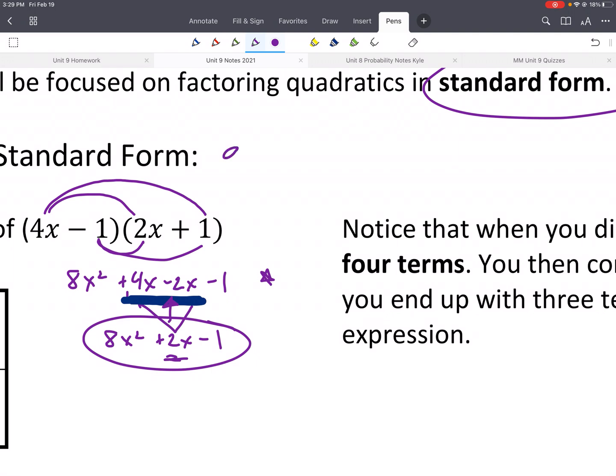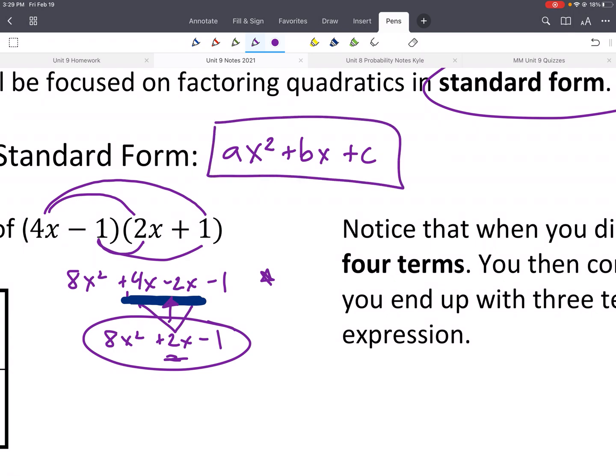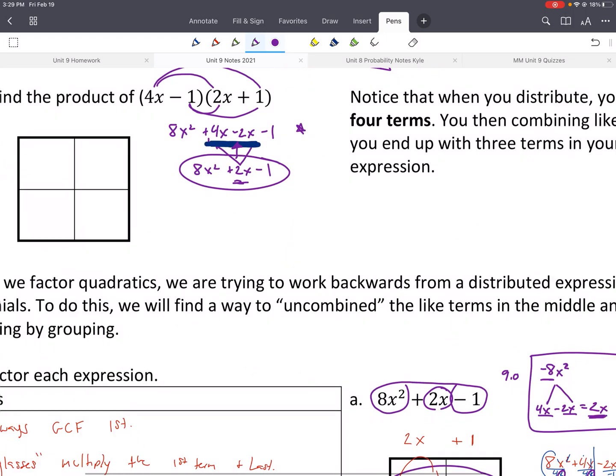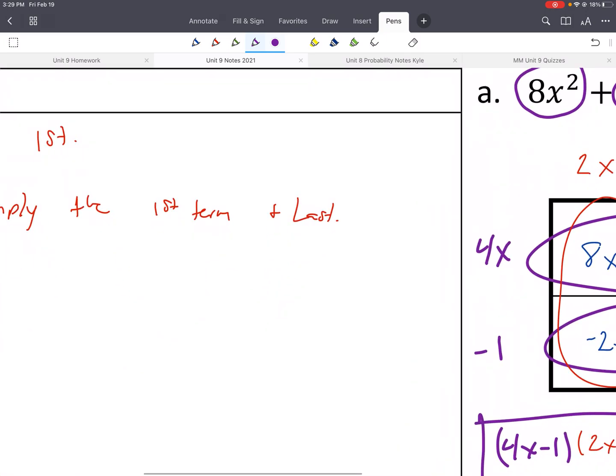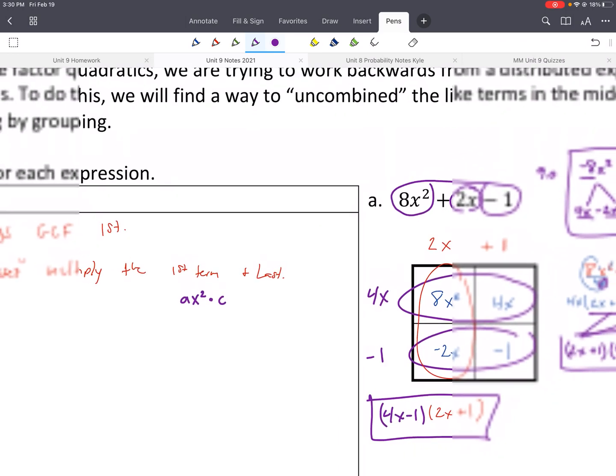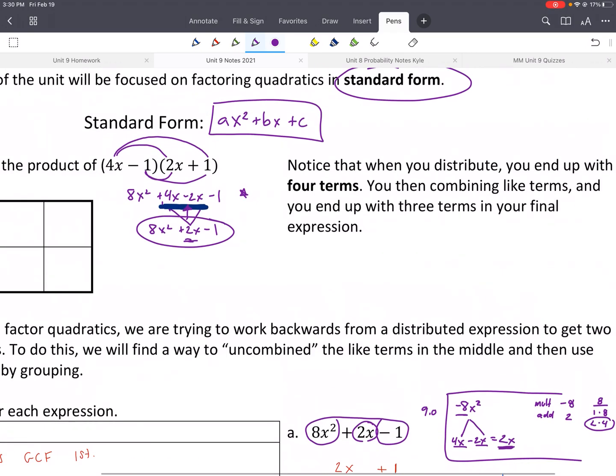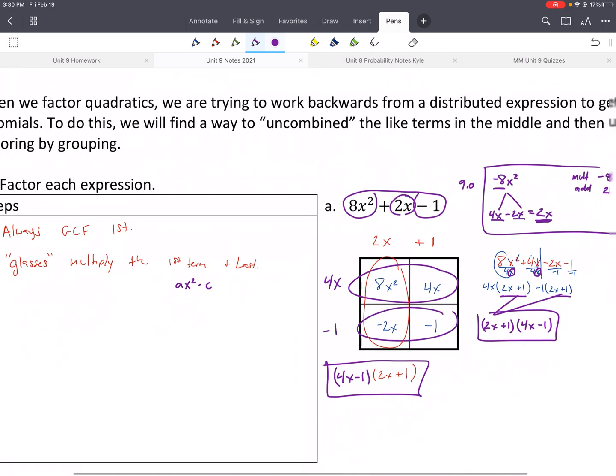It is ax squared plus bx plus c. This is what we would call a quadratic in standard form, where a, b, and c are just numbers. So when I say the first term and last term, basically we need to multiply ax squared by whatever c is. So that's your ax squared and your c, your constant.